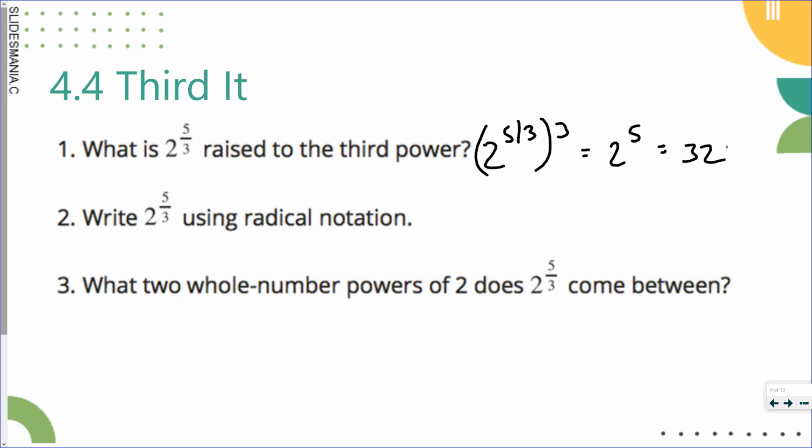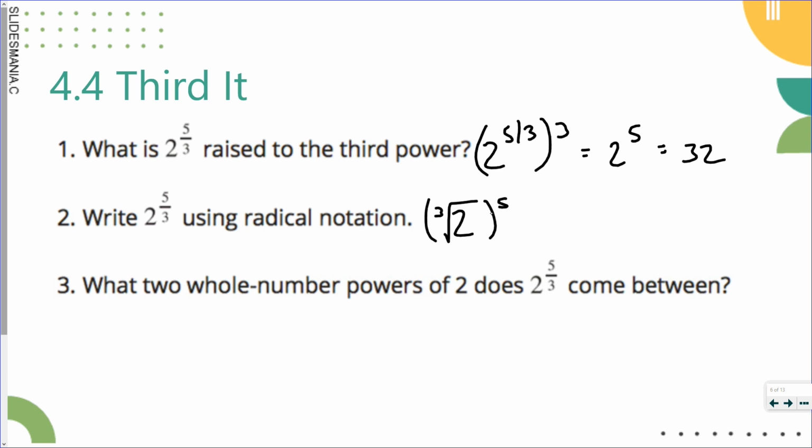How would that look in radical notation? Well, 2 to the 5 thirds, so I would have the cube root of 2, and I could raise that to the fifth power.